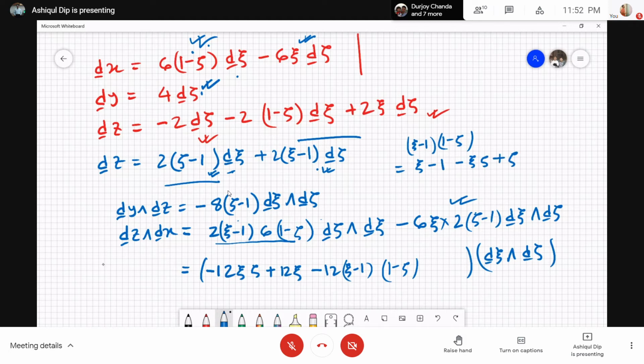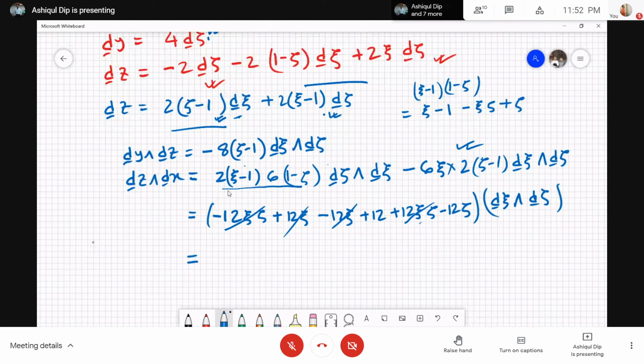So if I substitute that, then minus 12 xi plus 12, plus 12 xi zeta, and then minus 12 zeta. Okay, so these two terms cancel out, and we're left with just a small term. If you factor out 12, that will give you 1 minus zeta, right? You can actually do it the other way, zeta minus 1. So minus 12(zeta minus 1) d xi wedge d zeta.